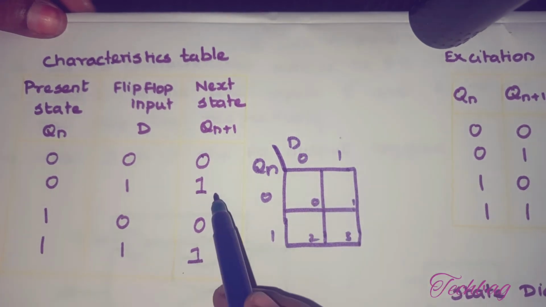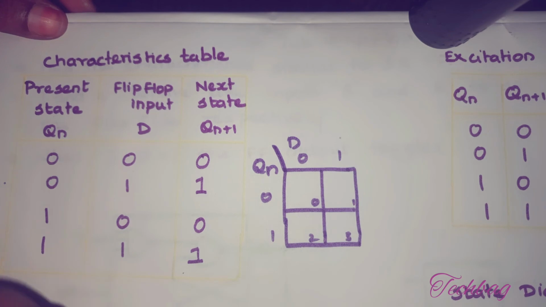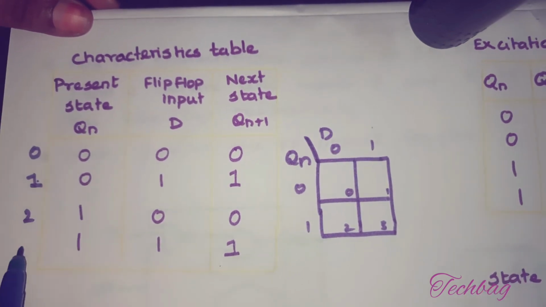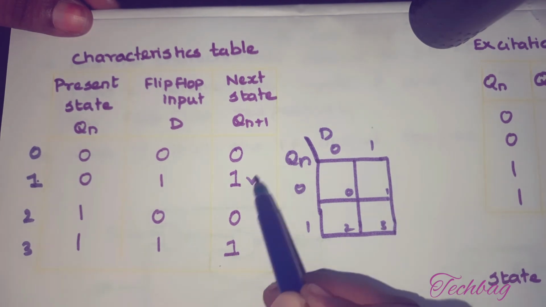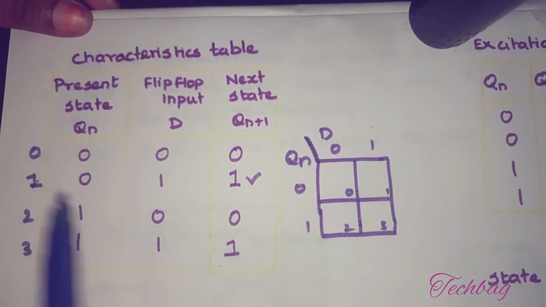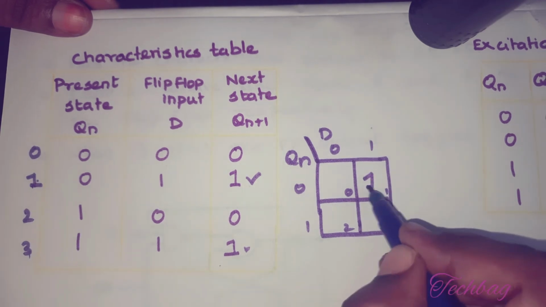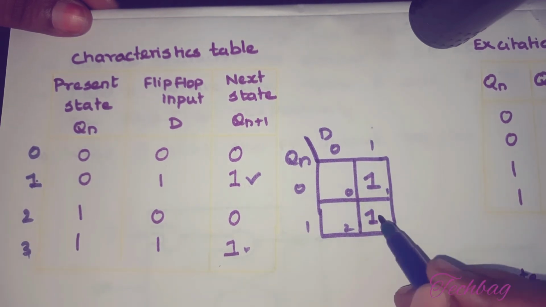Here Qn plus 1 is 1 for min term 1 and 1 for min term 3. So put 1 on those cells, 1 and 3.